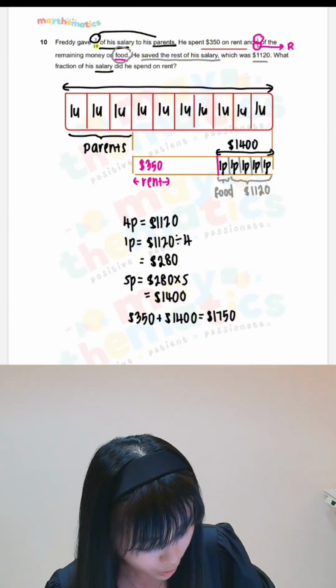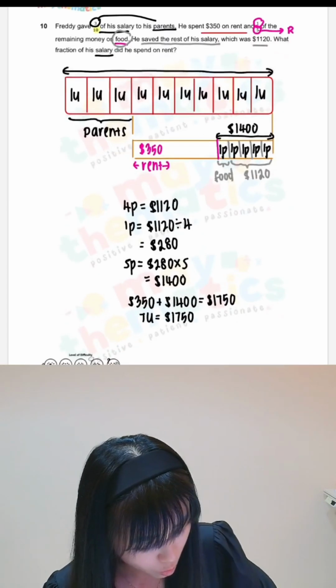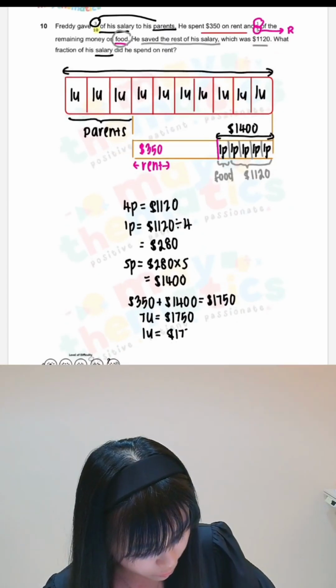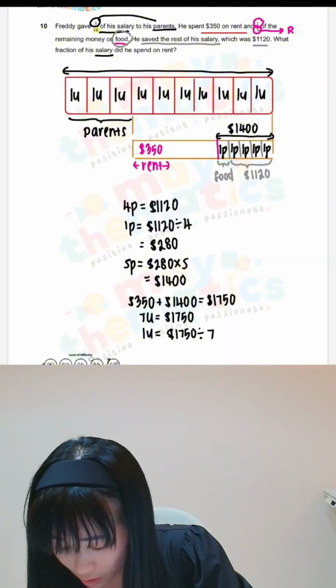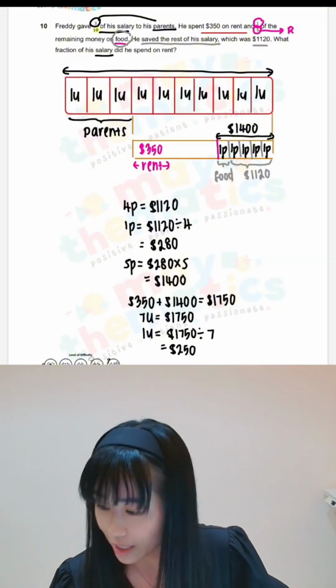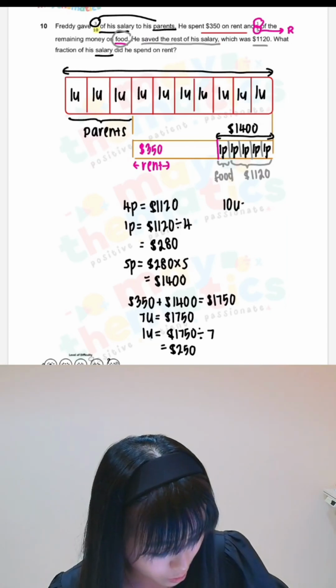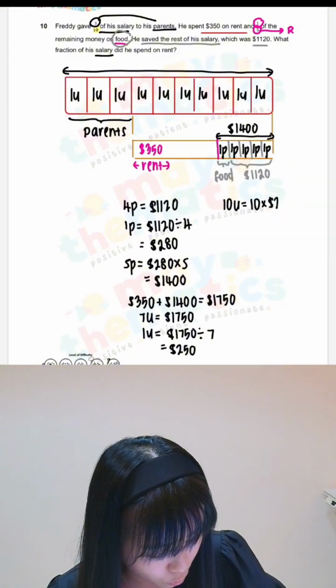So you will know 7 units is equal to 1750. So 1 unit is 1750 divided by 7, which you will get 250. And then from here you can find the total, which is basically the 10 units. You will take 10 multiplied by 250, which is 2,500.